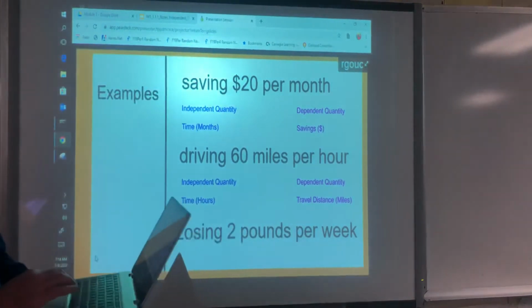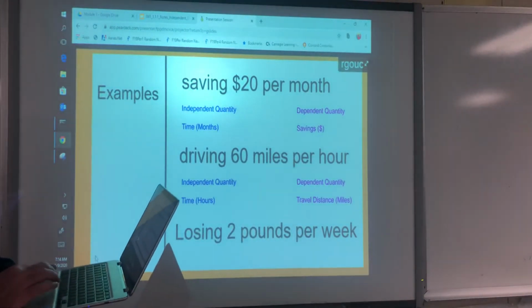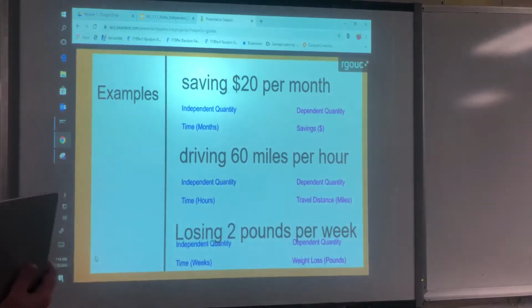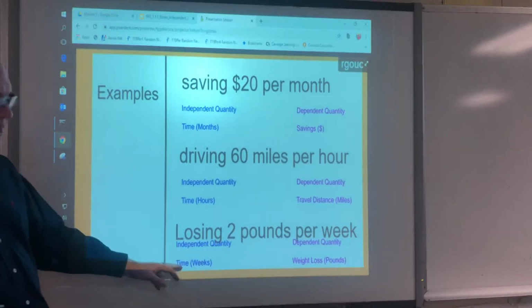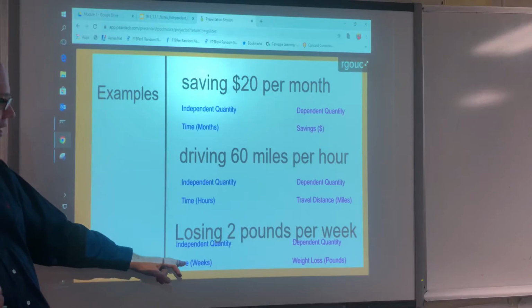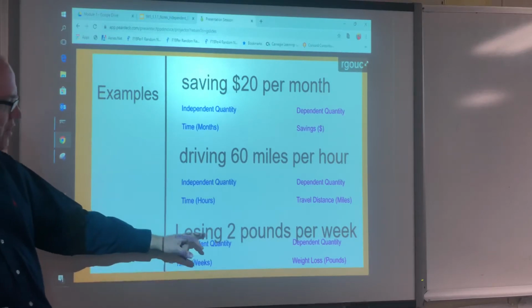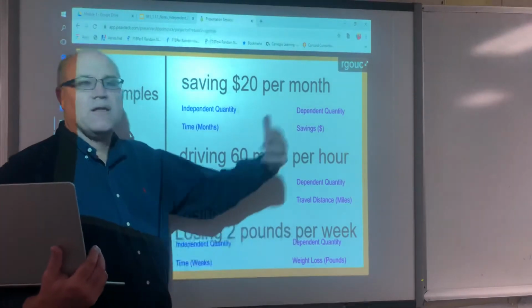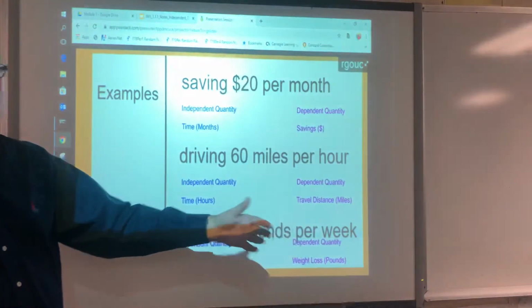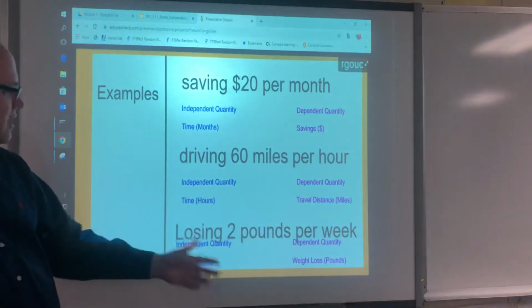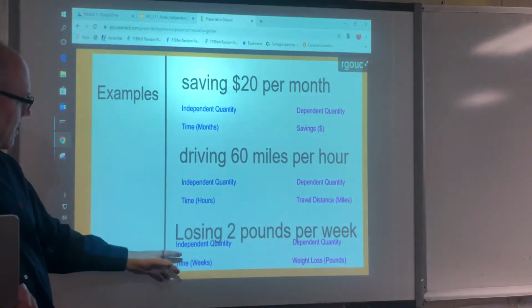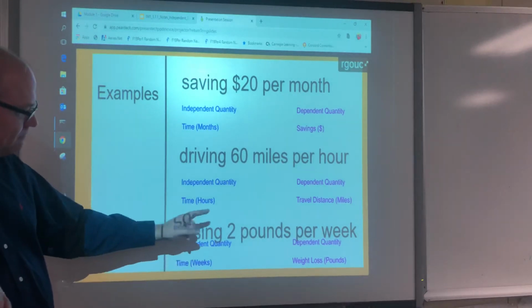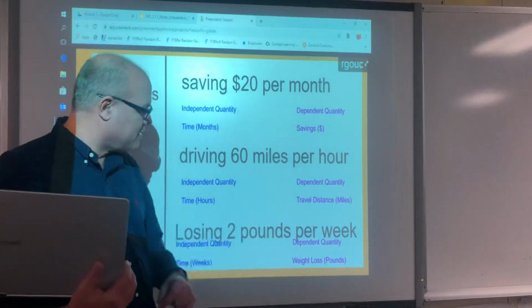All right? So what depends on the other? Well, again, time is typically going to be your independent quantity in here. So losing 2 pounds per week, that means if you go 5 weeks, you lost 10 pounds. 10 weeks, you lost 20 pounds. Sweet. All right. The dependent quantity is going to be your weight loss in pounds.